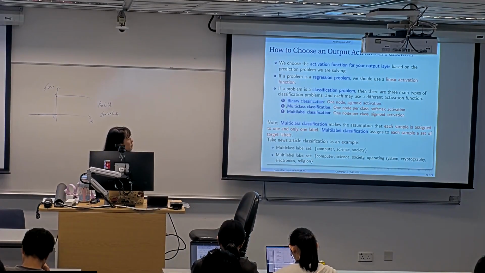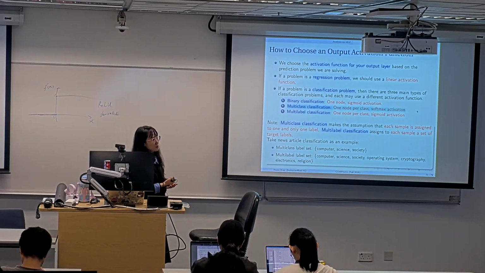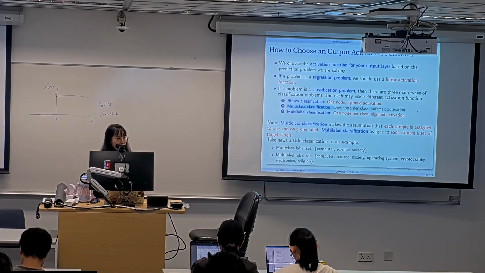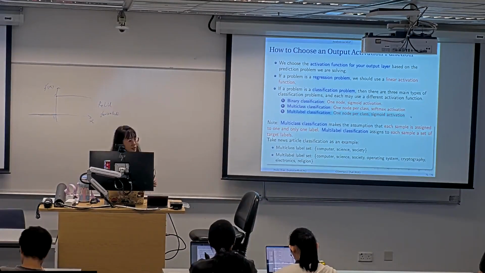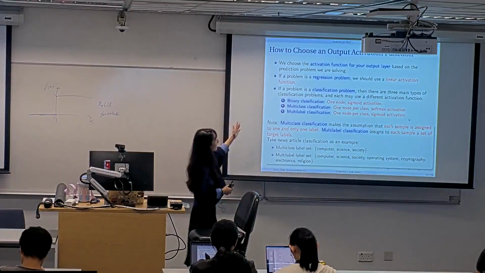If it's a multi-class classification, then we need to use multiple nodes, 1 node per class, and all of them use the softmax activation function. We want the relative probability. If it's a multi-label classification, then we have multiple nodes, 1 node per class, all of them use the sigmoid activation function.